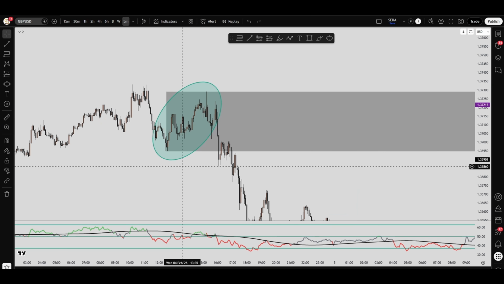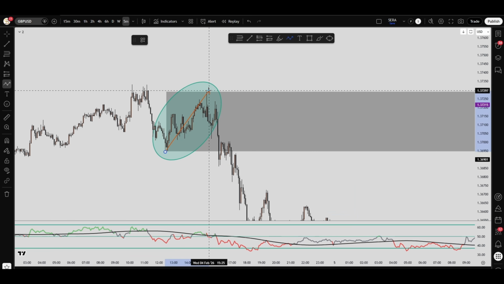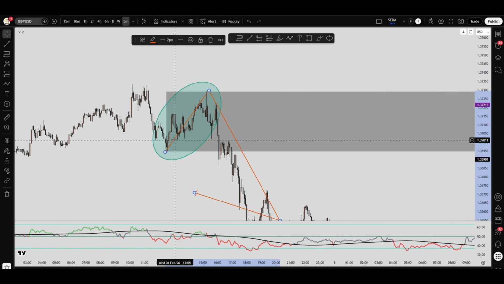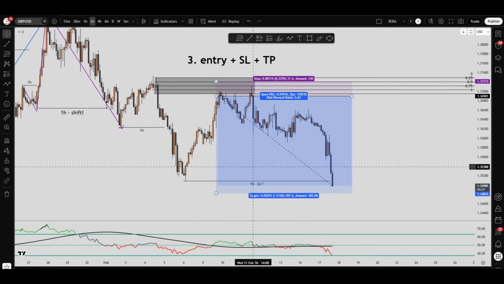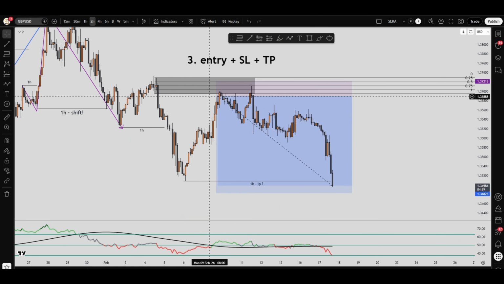On 5 minutes chart we can see this is the last opposite move before the impulse. So this is the last bullish move before the bearish impulse. It's about the move, not about the candle. Remember that. Basically I set my entry below the area of interest and stop loss near the end of the area of interest.